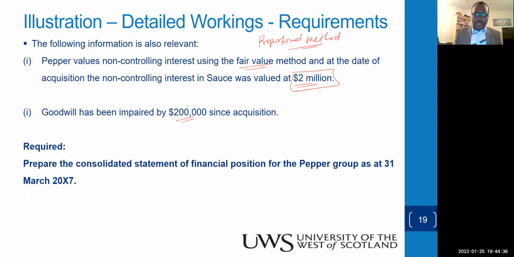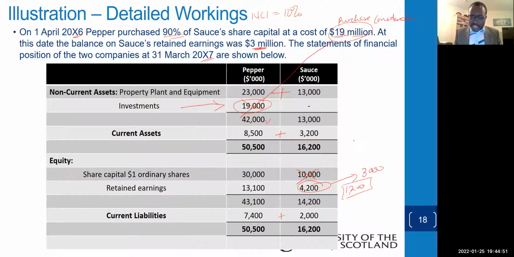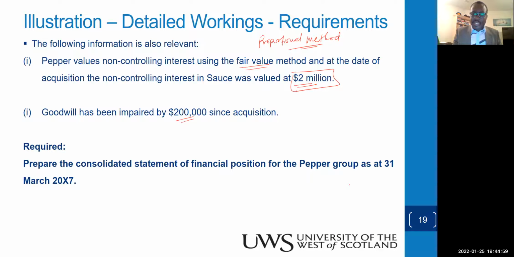Whatever risk and rewards, we must share with our non-controlling interest, so they will take the 10%. And any post-acquisition retained earnings from the subsidiary, this excess, we need to share with them. We cannot take everything. We take 90%, NCI takes 10%.